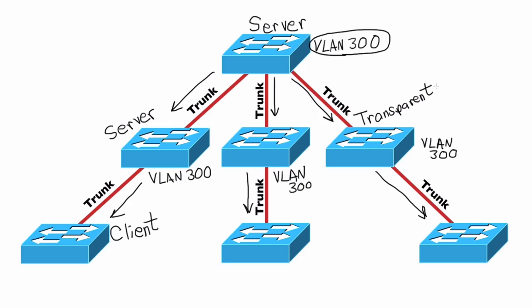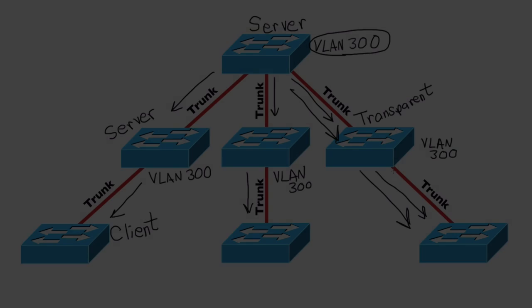That transparent mode switch is not blocking VTP advertisements. If we receive a VTP advertisement in from a server into a transparent mode switch, no problem, it will forward it on. It's just not going to update its local database based on that advertisement. And before we get into the configuration, let's make a really clear definition of these three different modes of VTP.